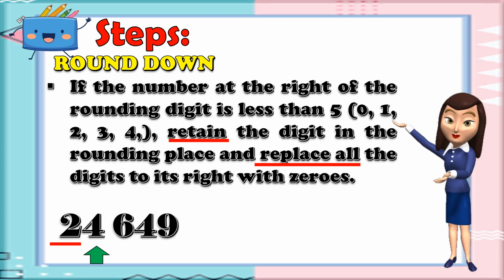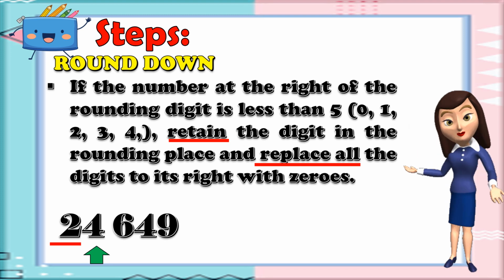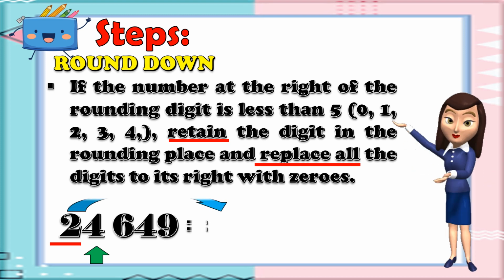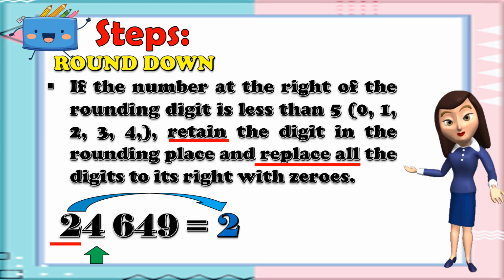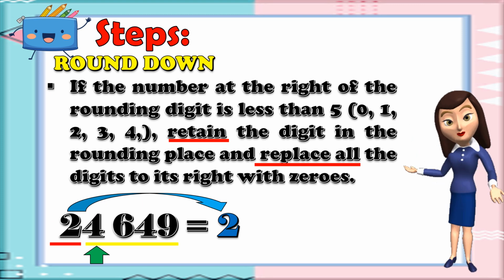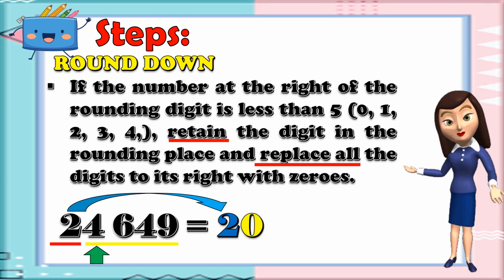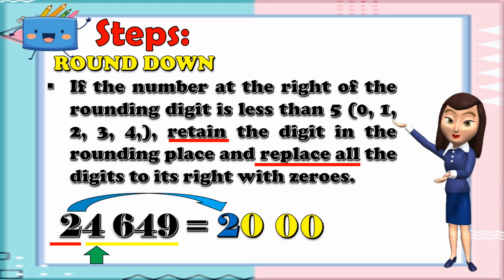So, sabi dito, kokopyahin lang natin ang digit na i-round off, which is 2. So, isulat na natin dito ang 2 at papalitan natin ang lahat ng digit sa 0. So, ang 4, 6, 4, at 9 ay papalitan natin ng 0. So, we have 1, 2, 3, 4.